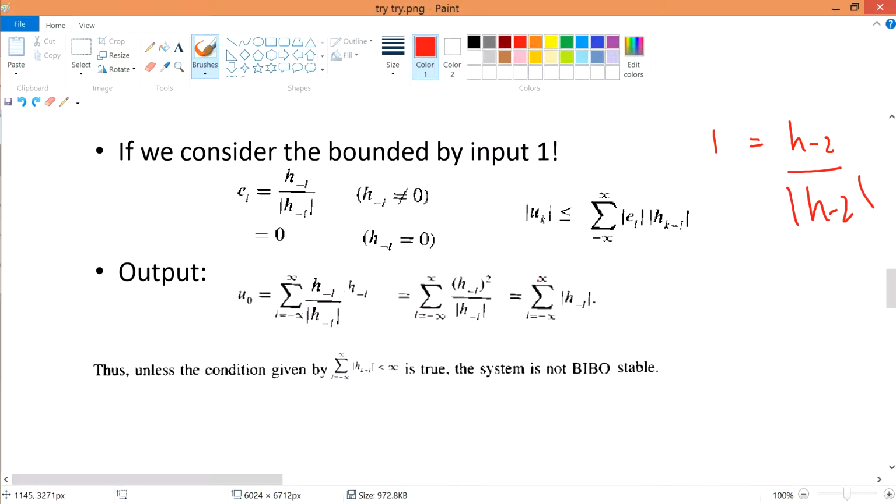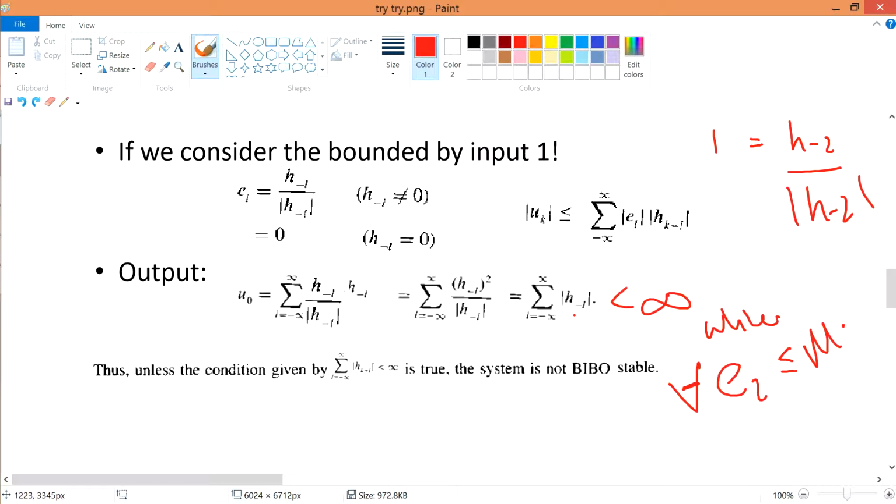Unless your transfer function is less than infinity, otherwise the system is not BIBO stable. So in order to have stability, you must have your transfer function smaller than infinity, where all your EL, your input, must be smaller than or equal to M. These are all the boundary conditions you need to meet in order to be BIBO stable.